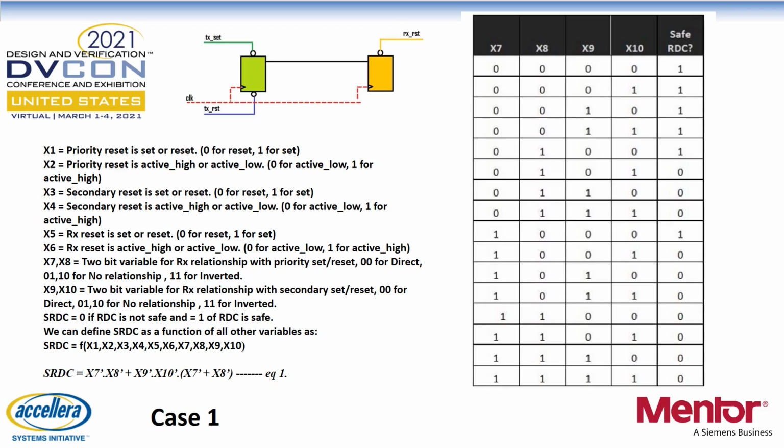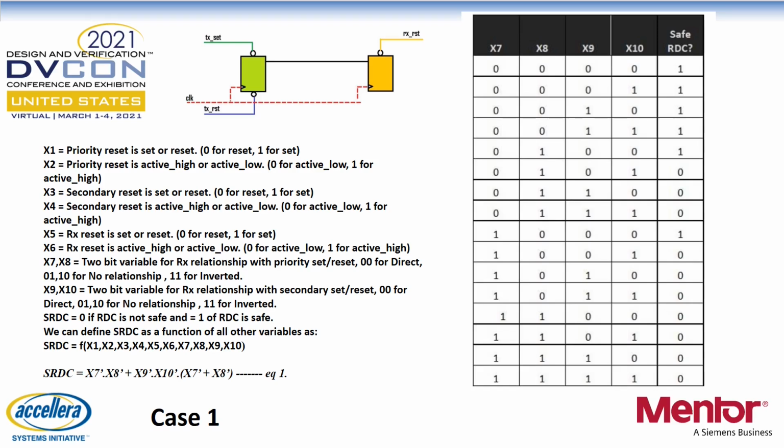As you can see, 0 is for reset and 1 is for set. Similarly, x2 will tell you whether it is active high or active low. x3 similarly will tell you about the secondary reset for the TX flop. And x5 and x6 are similarly values for the active high or active low and the set reset status of the RX flop.